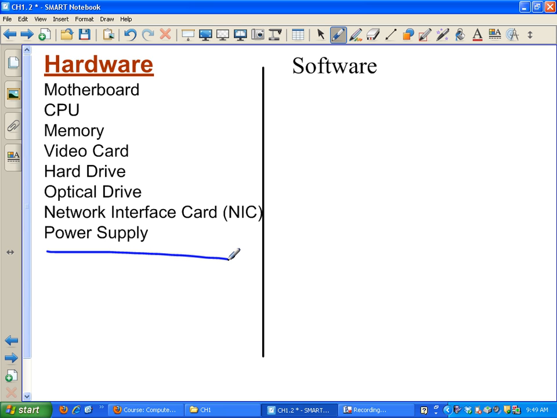The first thing that happens when we start a computer is we push the power button, and it sends a little signal through the motherboard plug, which is this one right here, to tell it to turn on. What that does is start a whole sequence of events that we need to understand a little bit in order to be able to troubleshoot and figure out what's wrong with the PC.